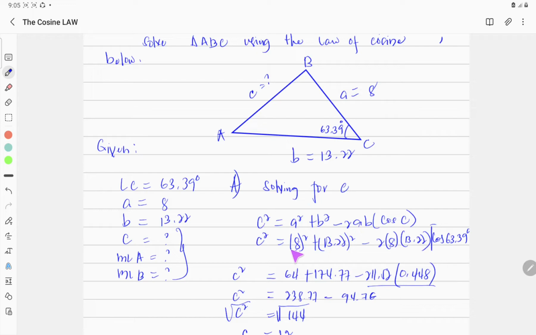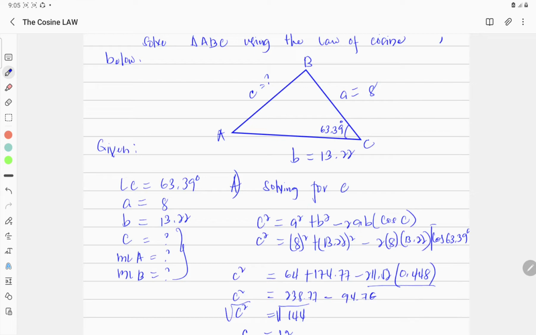Simplifying, 8 squared is 64, 13.22 squared is 174.77, minus 16 times 13.22, that gives us 211.52, and then you key in cosine 63.39.